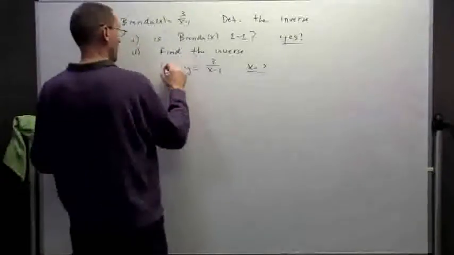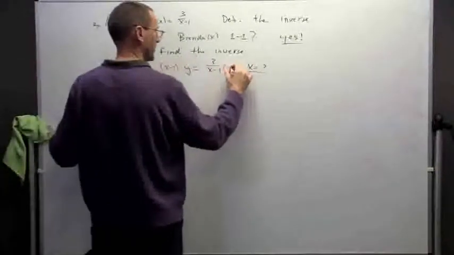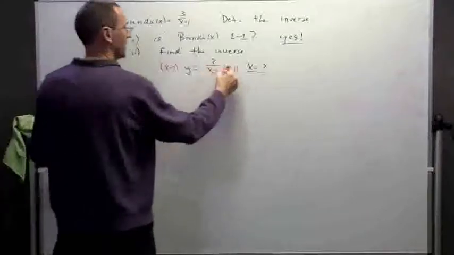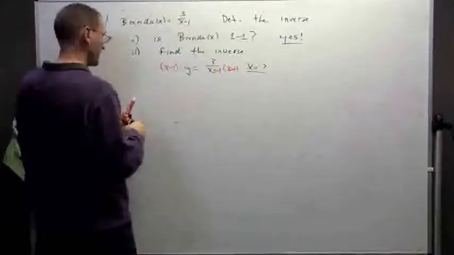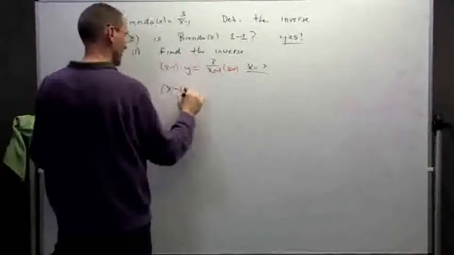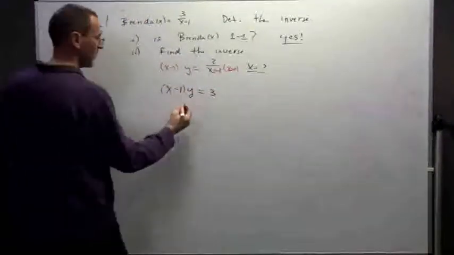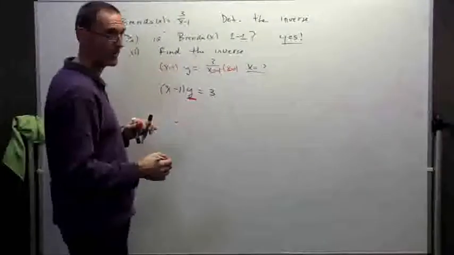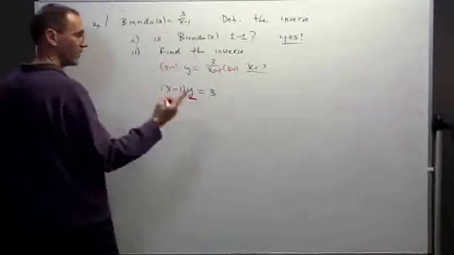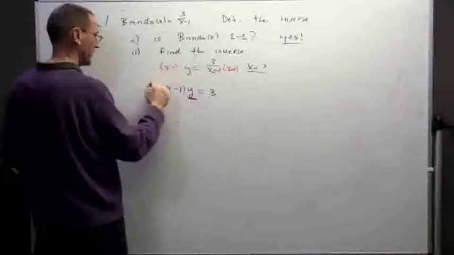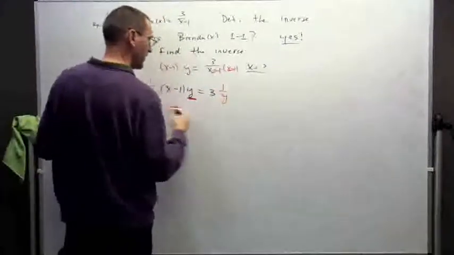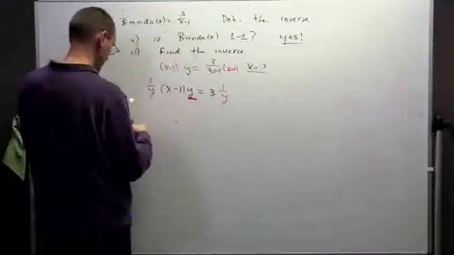So what am I going to do? I'm going to multiply both sides by x minus 1. Okay, that'll cancel those. Now again, I'm assuming I know this value for y. I know what that is. So I want to get that over on the opposite side away from the x. I'm going to divide both sides by y. If I do that, those things will cancel.